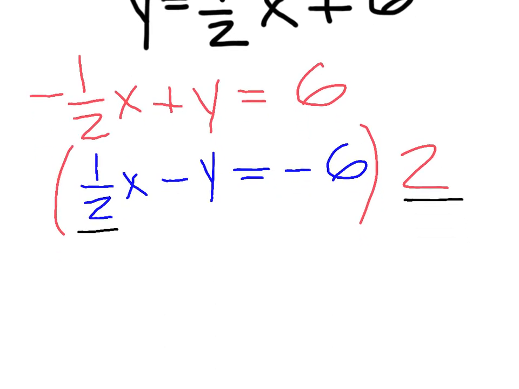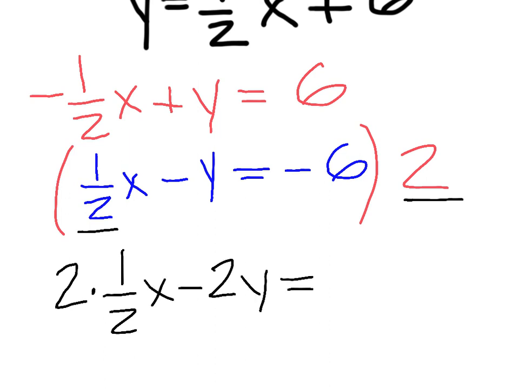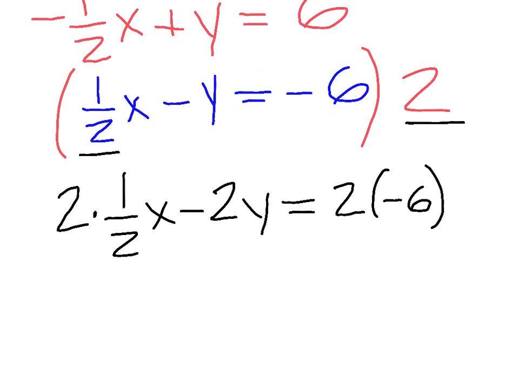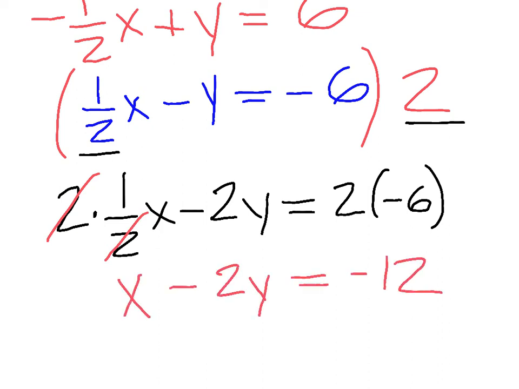It's the same thing as doing this: 2 times a half x minus 2 times y equals 2 times a negative 6. So now you can cancel out your 2's there and be left with x, and then minus 2y equals a negative 12.